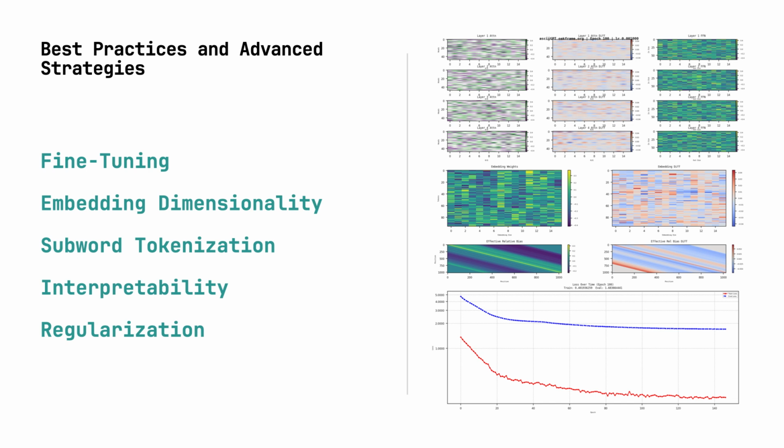Subword-based tokenization methods should also be used effectively to handle rare or morphologically complex words. By composing rare terms from smaller units, subword segmentation reduces out-of-vocabulary issues and improves coverage. To evaluate what the model has learned, the embedding layer should be examined directly.